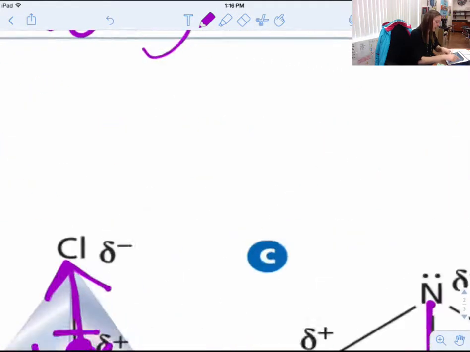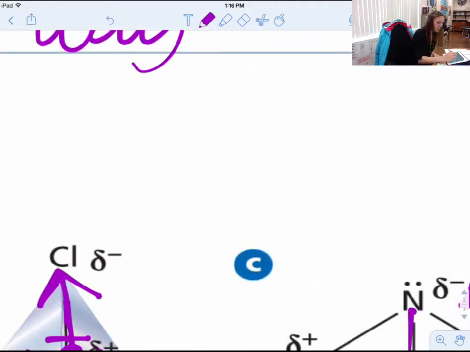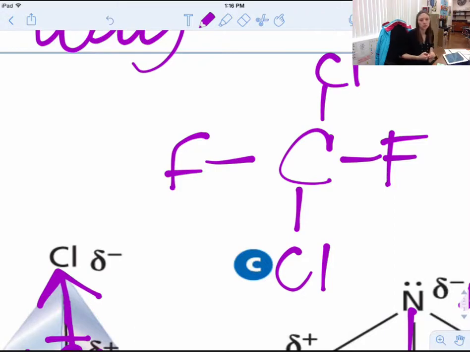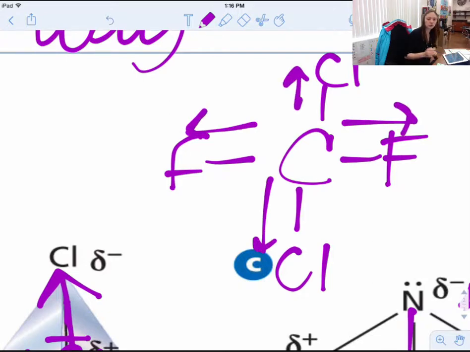Even if you had, for example, this is what always gets people, if you had carbon in the middle, and I had a fluorine, a fluorine, a chlorine, and a chlorine. They're different, but you say, oh, well, he's going to pull this way, they're going to pull this way, and I have two of the same opposites, so they're going to cancel.